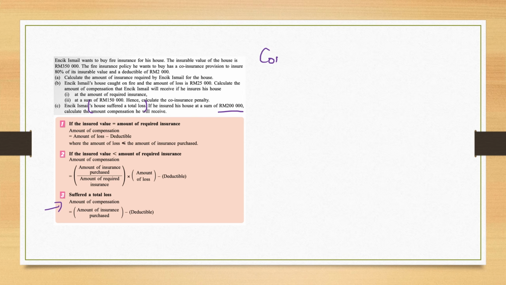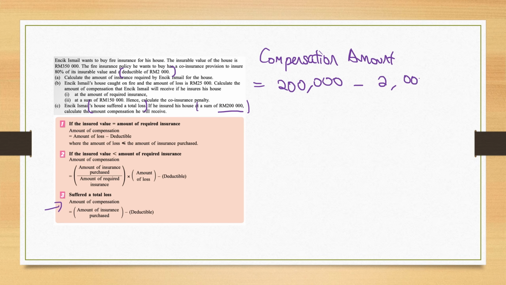So the compensation amount would be your amount of insurance purchased, which is your 200,000 ringgit, mentioned here, minus your deductible value of 2,000. So your compensation for suffering a total loss is 198,000 ringgit.